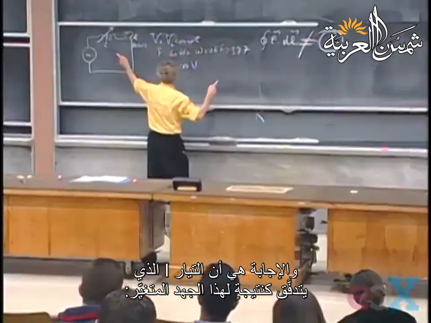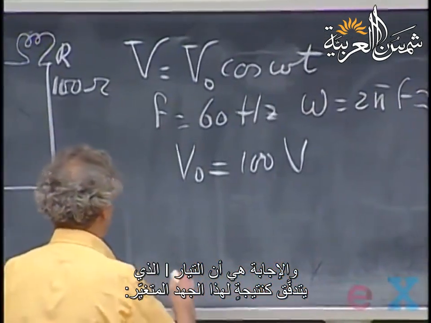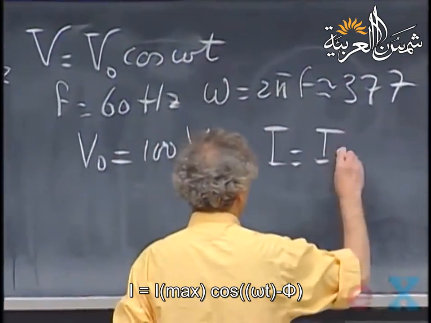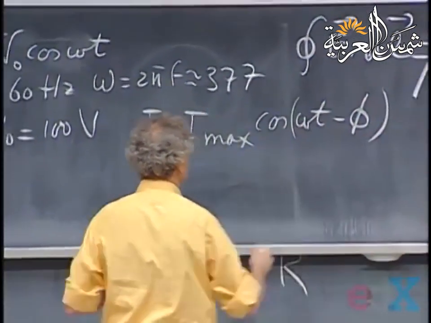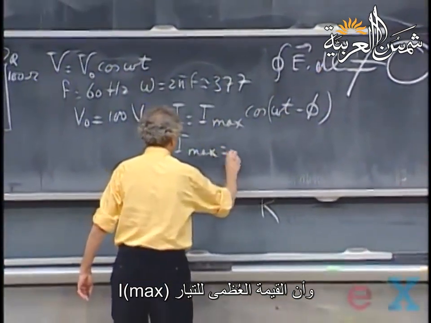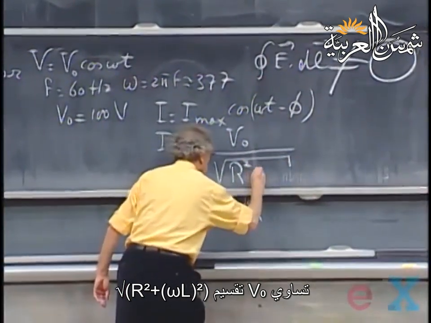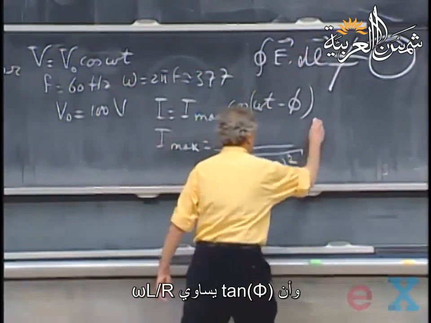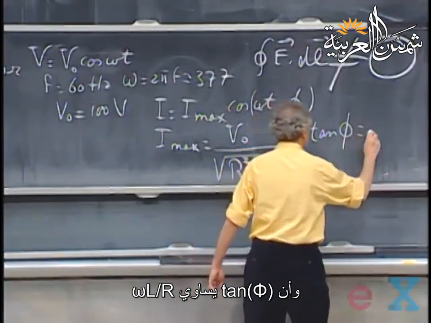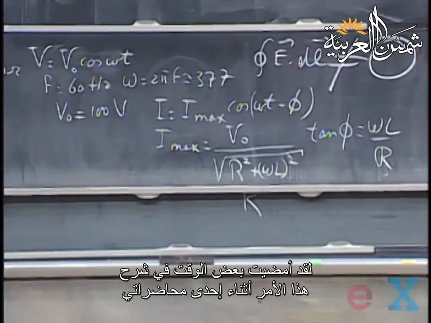And the answer then is that the current that is going to flow as a result of this variable voltage, that current I is a maximum value times the cosine of omega t minus phi, that the maximum current itself is V0 divided by the square root of R squared plus omega L squared, and that the tangent of phi is omega L divided by R. I spent quite some time on this during one of my lectures.